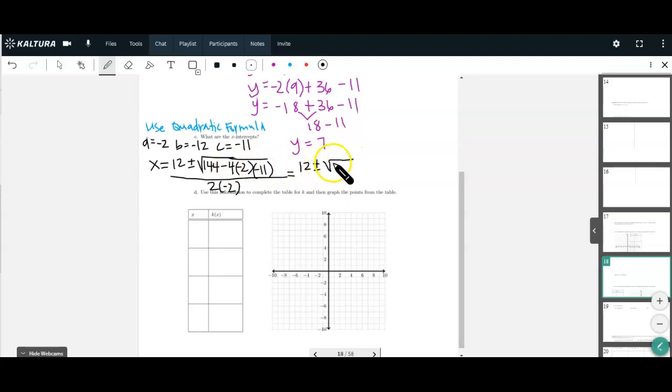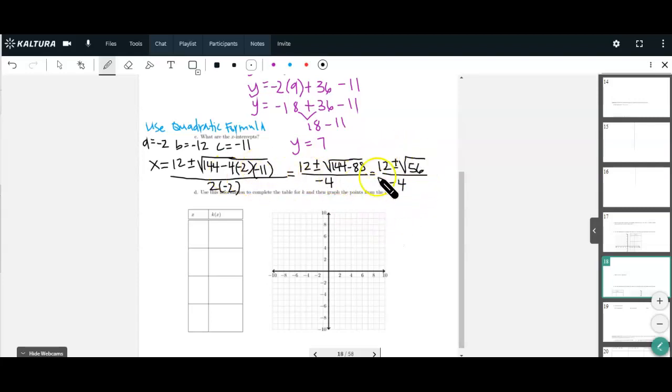So I've got 144 minus 88, all over -4, the 2 times the -2. If I subtract those, I get 56 all over -4.